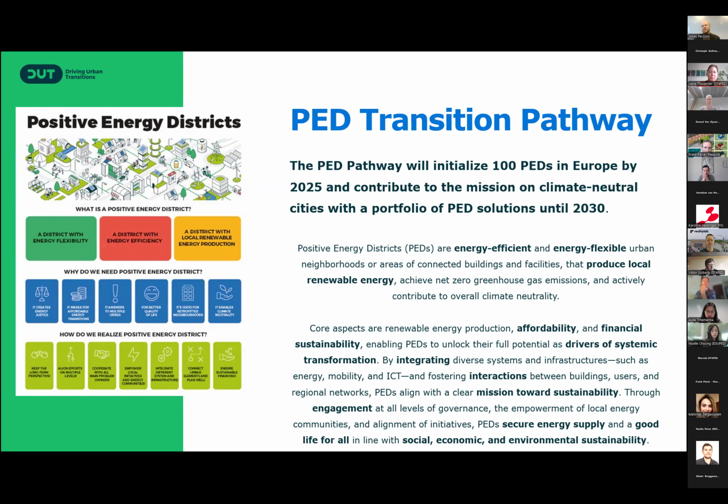But in the updated framework definition, we want to put more emphasis on that PED can be so much more than that.